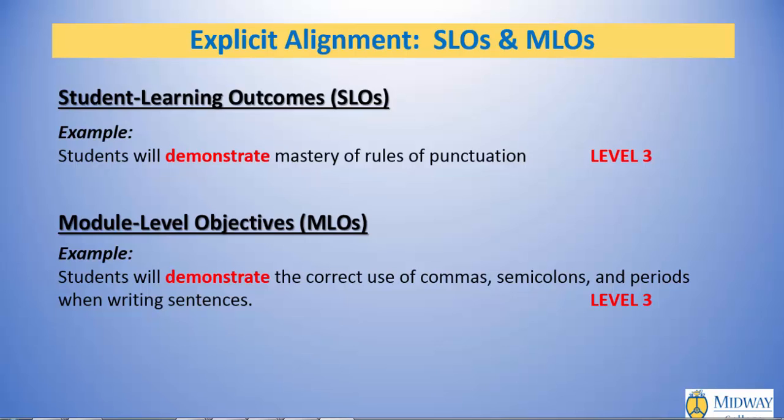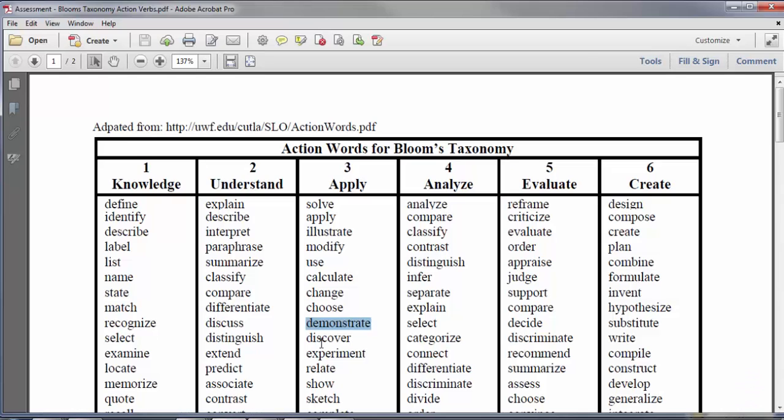You can replace the MLO verb with apply, and they would still be in alignment since apply is also a level 3 cognition verb. However, if you replaced one of those words with the word analyze, then they would not be in alignment since analyze is a level 4 keyword.